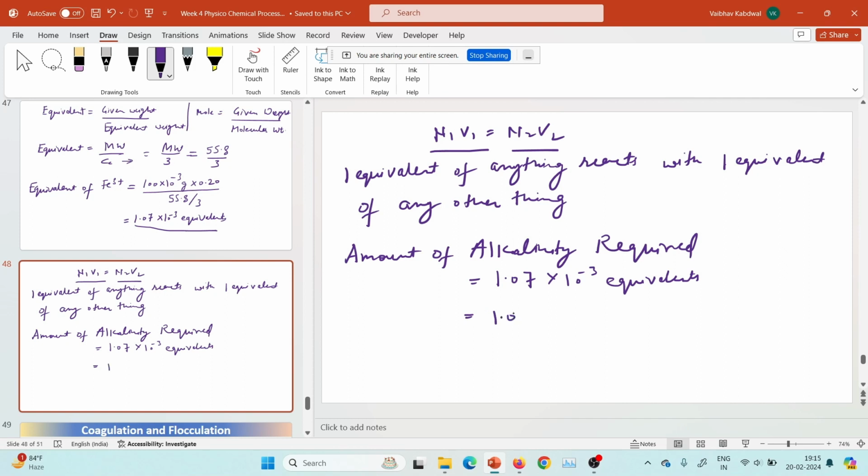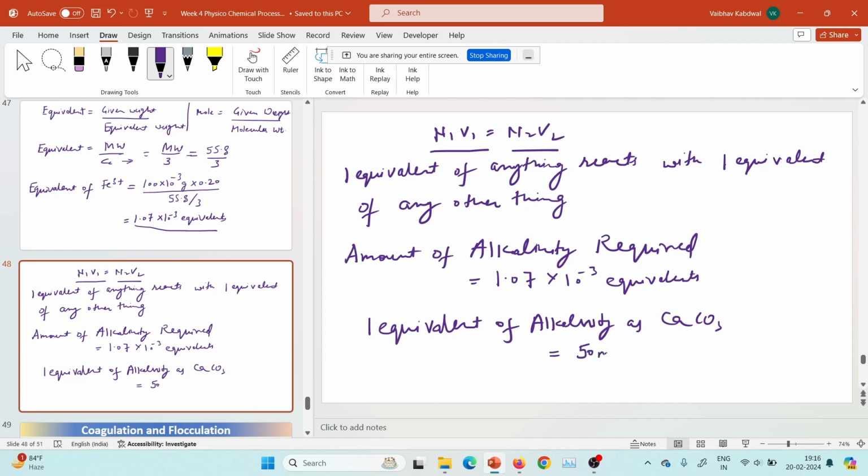If you multiply it with one equivalent of alkalinity as CaCO3, which is 50 milligram per liter. We will see how it is 50 milligram per liter.